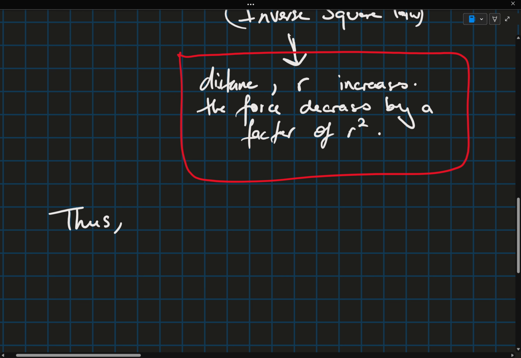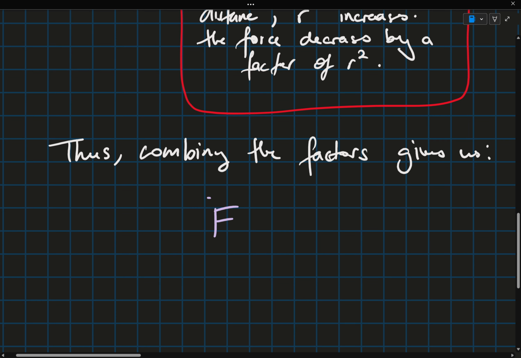Combining the factors gives us that the gravitational force F subscript G is directly proportional to the product of the masses m1 and m2, but inversely proportional to the square of the distance.